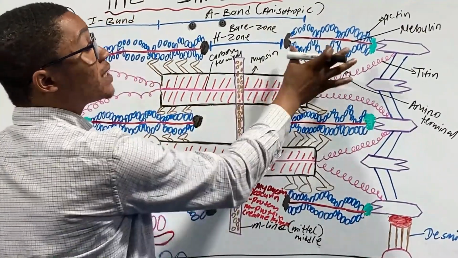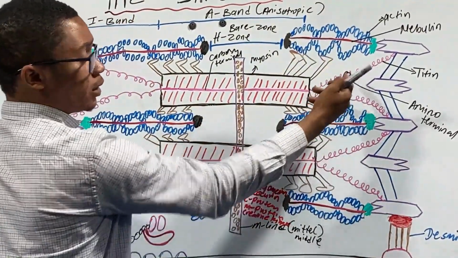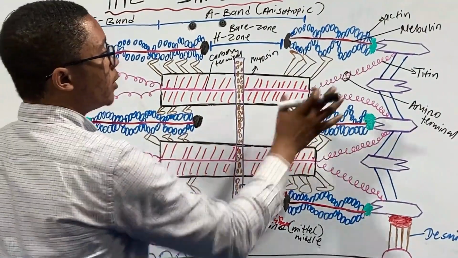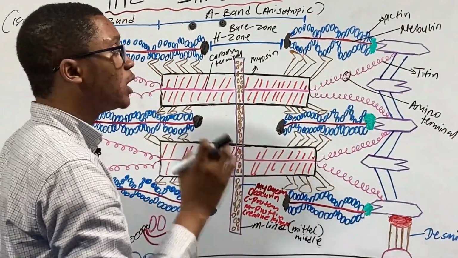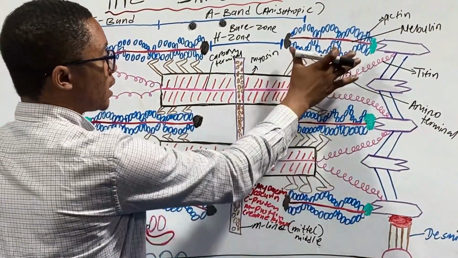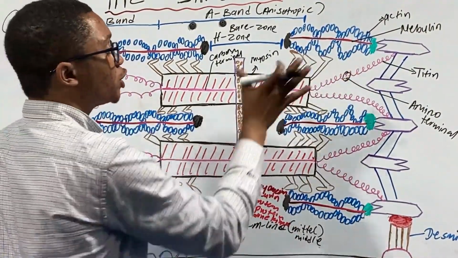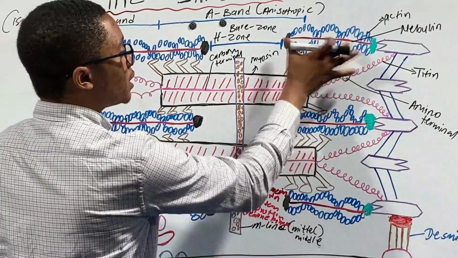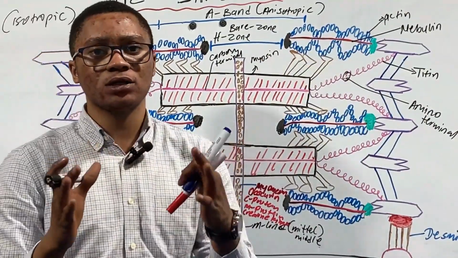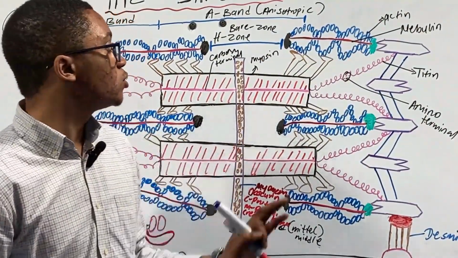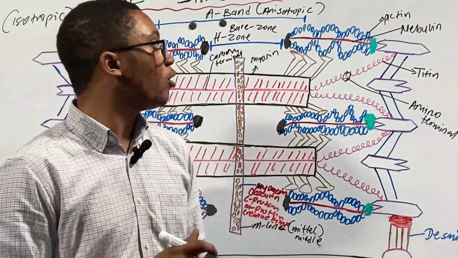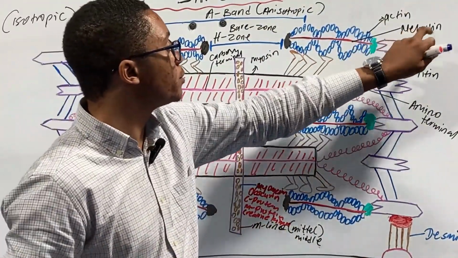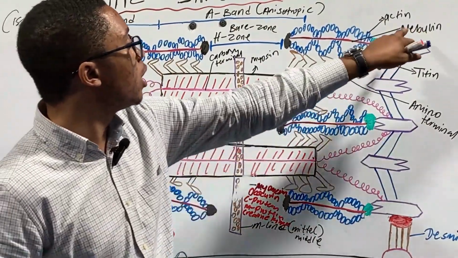It is inelastic, unlike titin, which is elastic. Nebulin is inelastic, so that's why it is called the molecular ruler of the actin. It sets the shape or the length of this actin, so it helps the actin keep its length, so as not to extend more than its length. That's the function of nebulin.